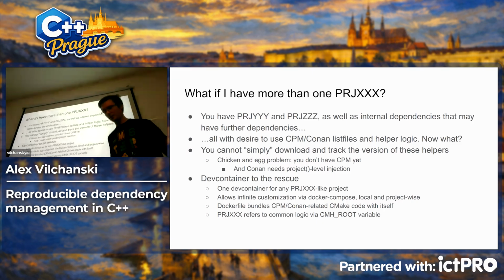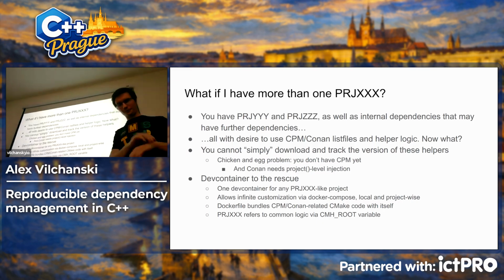So the comment from the audience is we can easily solve this issue by, for example, writing a CMake script that calls the file download subcommand that just downloads whatever version of CPM and common provider list files I need.